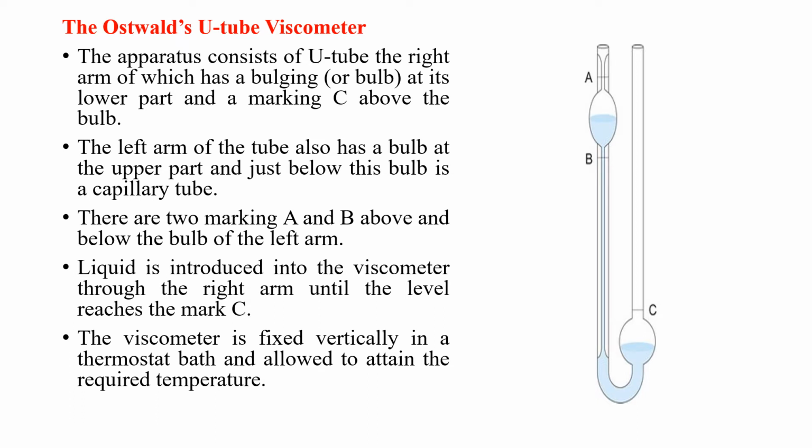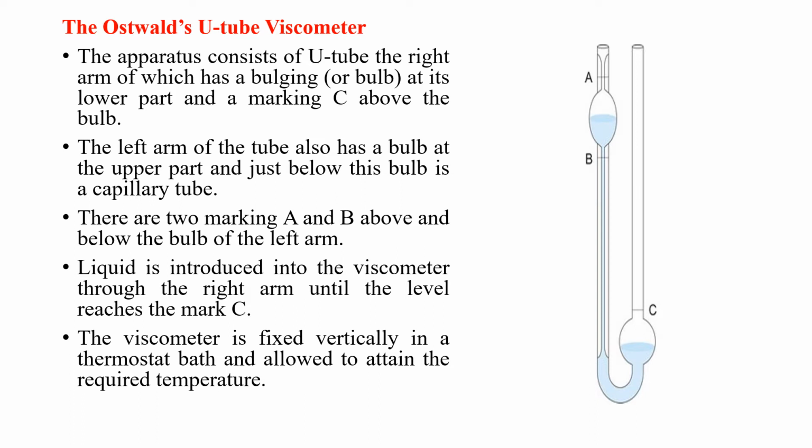The known liquid is taken and sucked inside the arm having two marks. The liquid will reach mark A, and the time taken for the liquid to flow from mark A to mark B is noted down. We need to know the density of the two liquids, the test liquid and the known liquid. As we all know, the density of water is nearly 1.